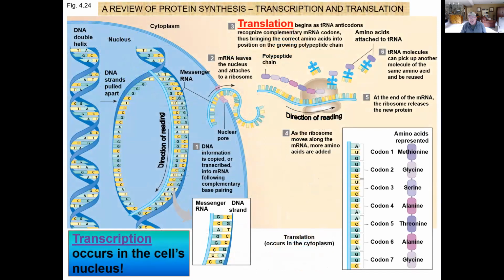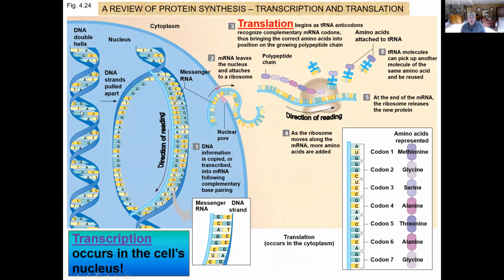And then here again is a more broad review of both steps of protein synthesis, transcription, followed by translation. So you should be able to look at this and glean a lot of good review from the moment the DNA is transcribed to the moment that a cell constructs the polypeptide.